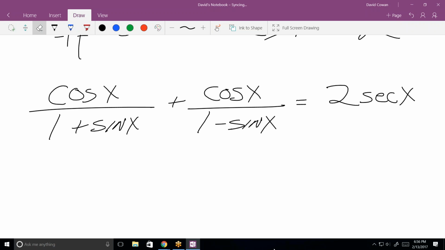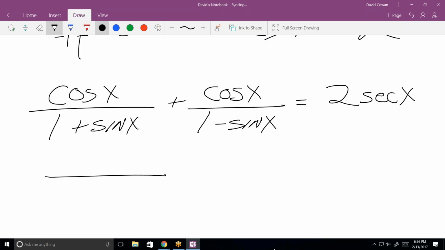And the advantage of doing that here is that the common denominator is going to be 1 plus sine times 1 minus sine. Well, that's difference of squares factored, so when I multiply it back together again, it's 1 minus sine squared. Oh, and that I'm going to be able to turn into cosine squared.